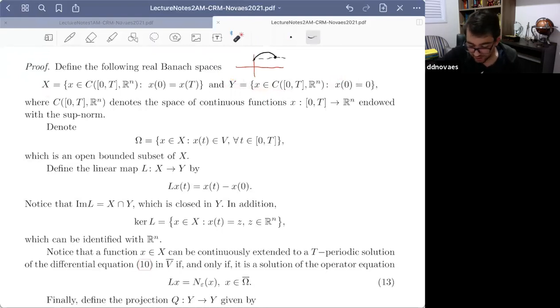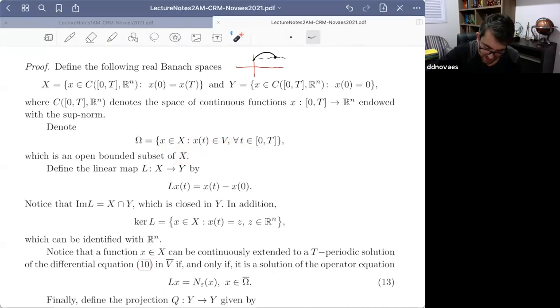X and Y are Banach spaces with the sup norm. And we have V, and with this V, we denote by omega the subset of X consisting of the functions in X such that x of t belongs to V for every t in [0,T]. This can be seen to be an open bounded subset of X.